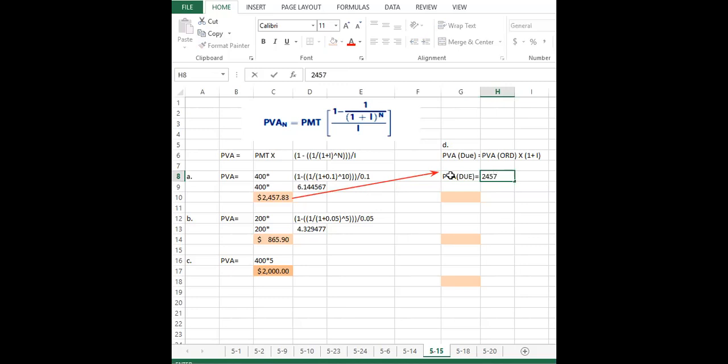2457.83 multiplied by 1 plus interest rate. Interest rate is 10%. Okay. So here we are going to calculate it, this one.